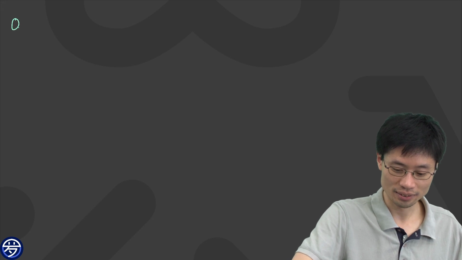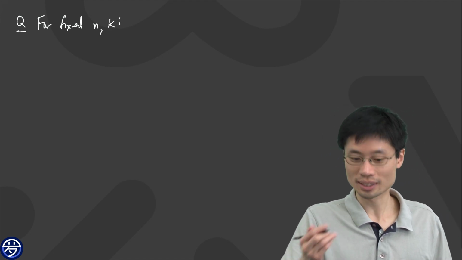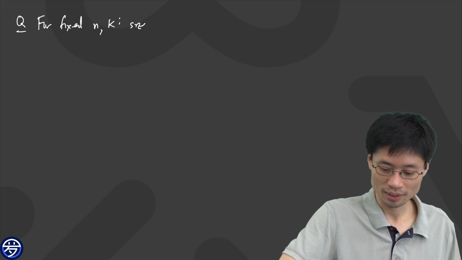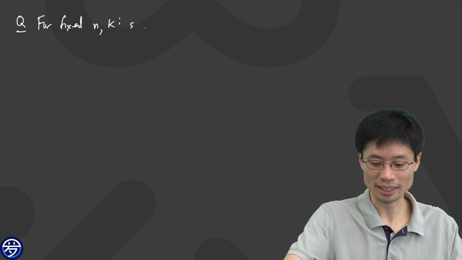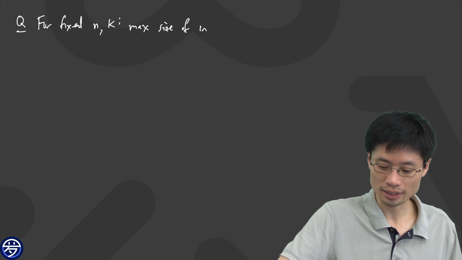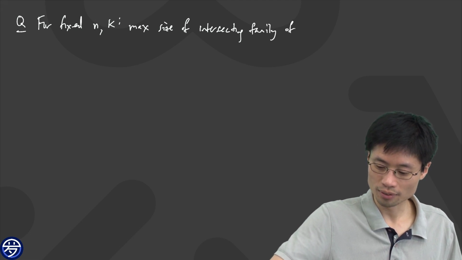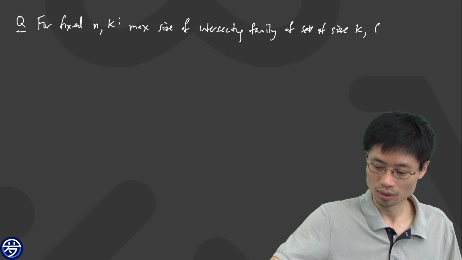And the next question is, for fixed n and k, what I want to know is the max size of an intersecting family of sets of size k from [n].